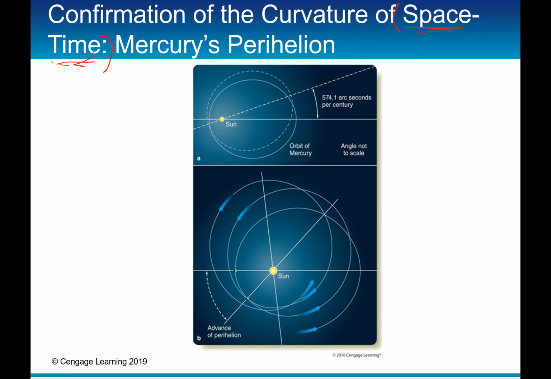What you're seeing here is something that's been observed from the planet Mercury. Mercury, of course, is the closest planet to the sun. Here we're seeing Kepler's laws in place, that the orbit of Mercury is kind of oval. We call it an ellipse. And as it turns out, because of the dent that the sun is making in the fabric of space and time, that's what causes Mercury to slow down out here.